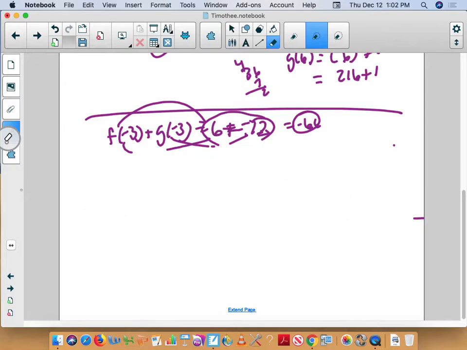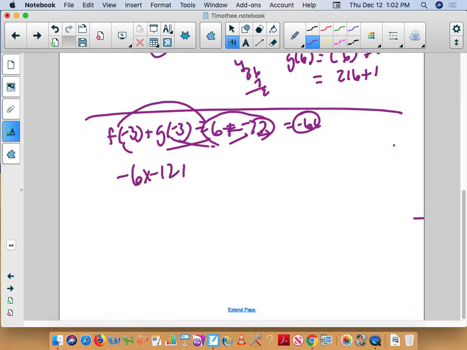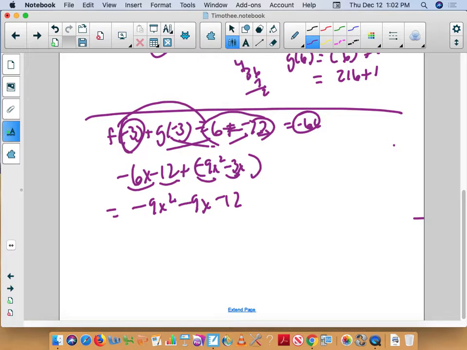Okay, so you could have found f plus g. I myself would have gone on and filled in the numbers, but if you didn't, you get a negative 9x squared, you get a negative 9x and a minus 12. And now you have to fill in negative 3. So you have negative 9 times negative 3 squared minus 9 times negative 3 minus 12.